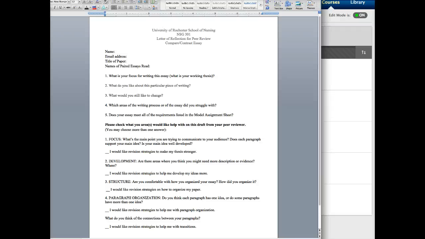And in my experience, the best way of helping someone revise their writing is to give them meaningful feedback. Not get out the red pen and say, oh, you spelled this wrong, or this period doesn't belong here, or you have a comma splice here. That is not helpful, especially if the writer didn't ask for it.